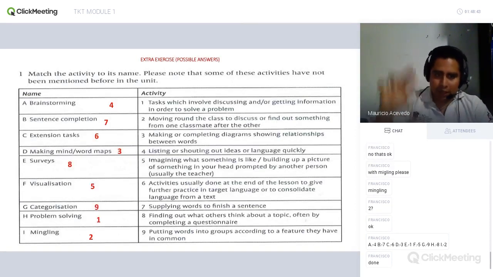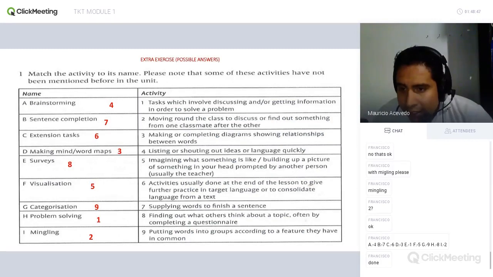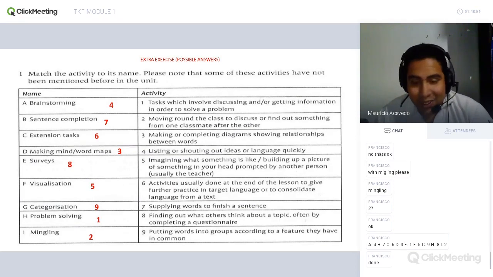Okay, so I'm going to give you the answers from Cambridge. As I told you, you made a mistake in the problem solving and the survey. I think maybe it's the other way around. Okay, A is 4, correct. B is 7, excellent. C is 6, perfect.